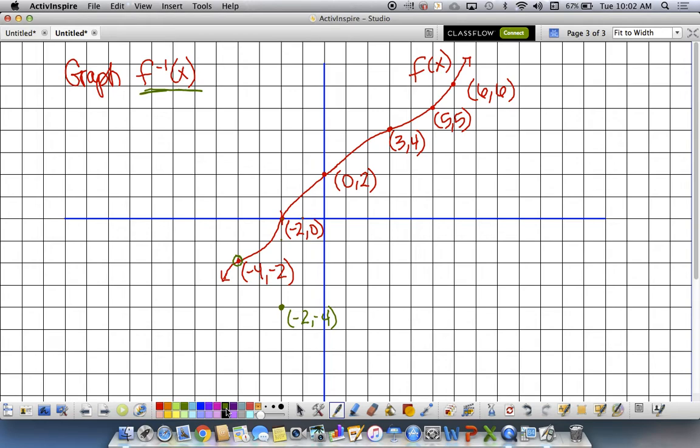Next, (-2, 0). I'm going to put a circle there. (-2, 0) becomes (0, -2). So I don't go anywhere, I just go to 0, -2. What about this point? That's (0, 2). The x becomes the y and the y becomes the x, so that should be the point (2, 0).